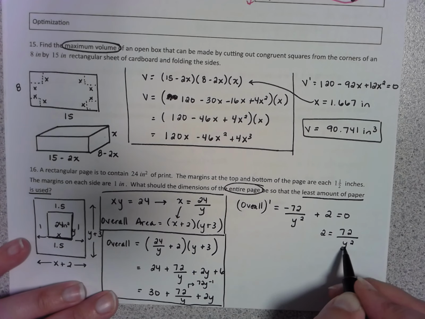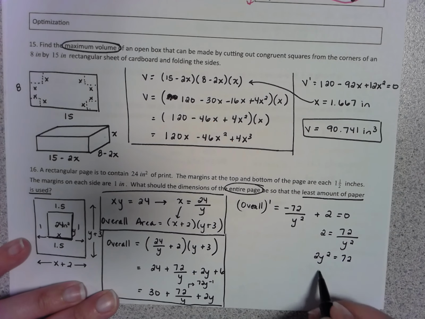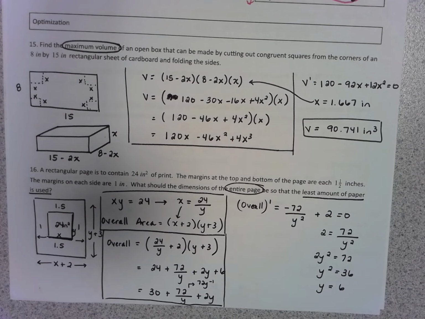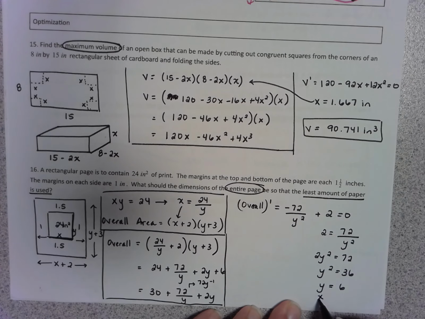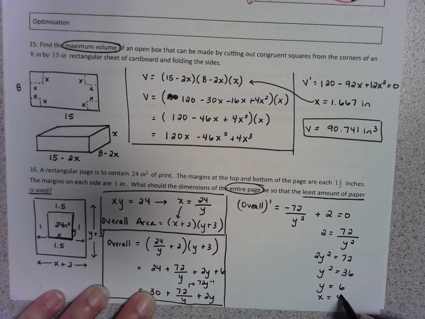If we multiply by y squared, we get 2y squared equals 72. So y squared equals 36, which means y would have to be 6. Although negative 6 squared is also 36, since y represents the dimensions of a piece of paper, it can't be negative 6. So y would be 6, which means if I take my number and I substitute it back into this formula, I would get that x is 4.